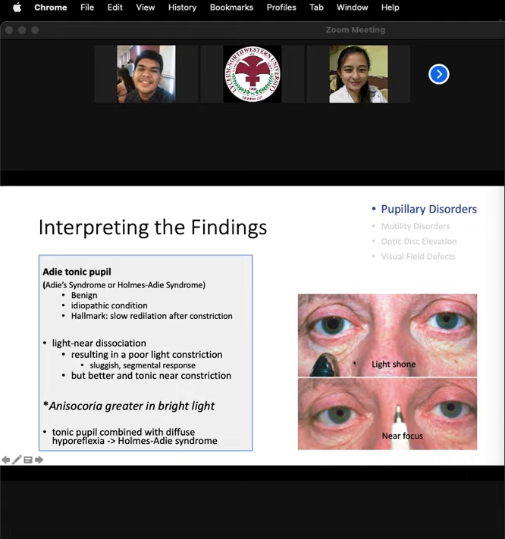This is anisocoria, unequal pupil size. This is a case of anisocoria that is greater in bright light, because in a bright setting, this normal eye will constrict, while the affected eye will not react to the light source. It will stay, or just move slowly. So you can see that there is anisocoria.